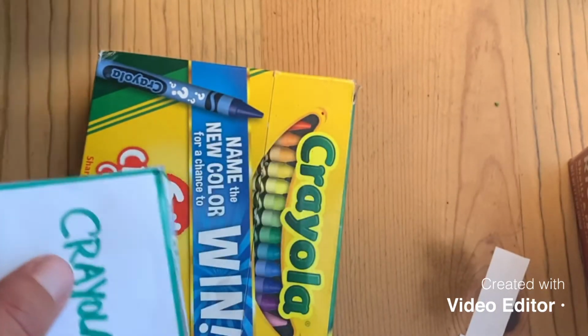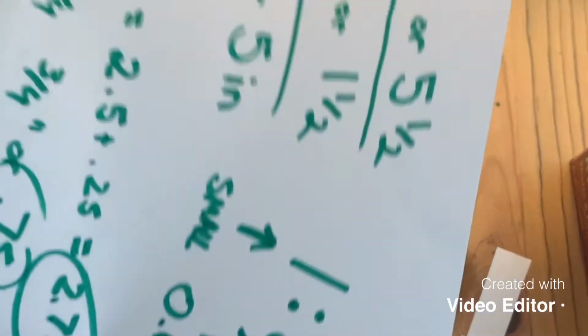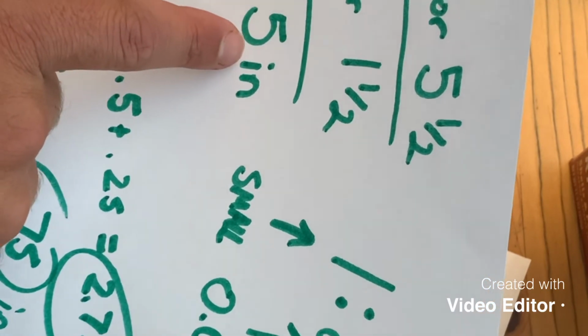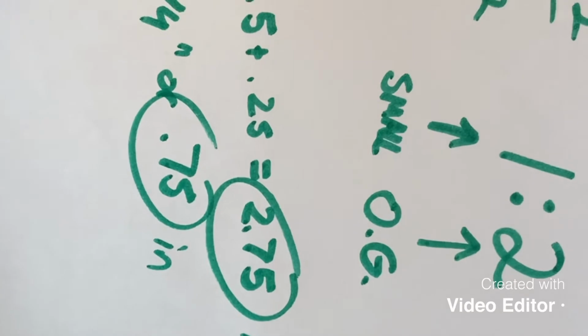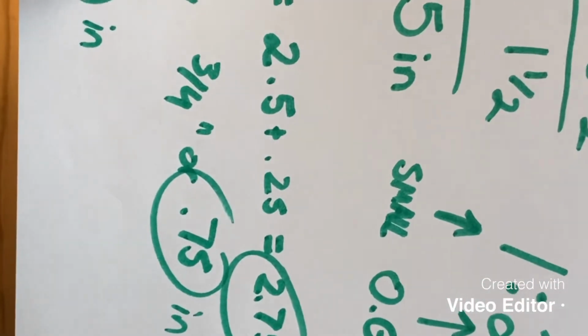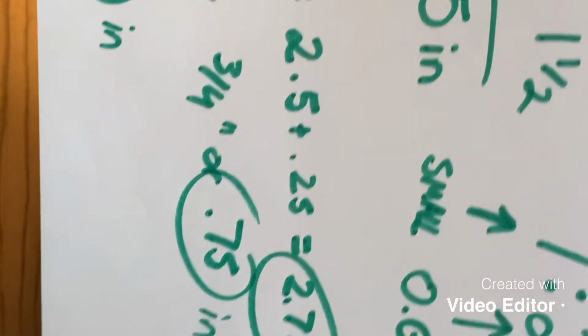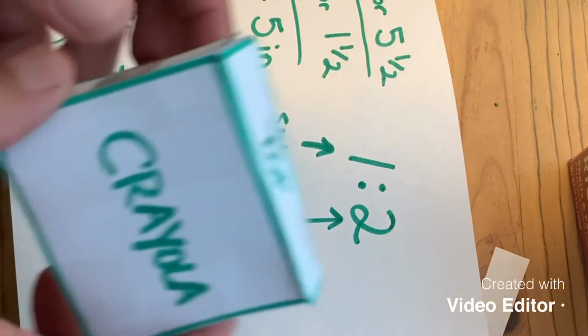And once you've gotten your measurements, you're going to divide those measurements by 2. I had original measurements of 5.5, 1.5, and 5 inches. Now I divided each one by 2, and I got a length of 2.75, a width of 0.75, and a height of 2.5. That's going to be for our half scale model.